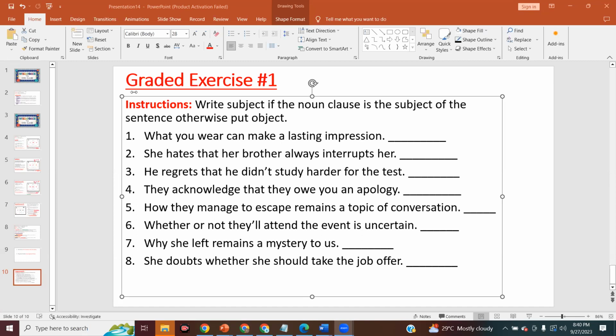Aaliyah, what number are you on? 2. Anastasia, what number are you on? Number 3. I thought you went to pick up your son. No, my husband went for me. Okay. And Bethany, what number are you on? Number 4, good.